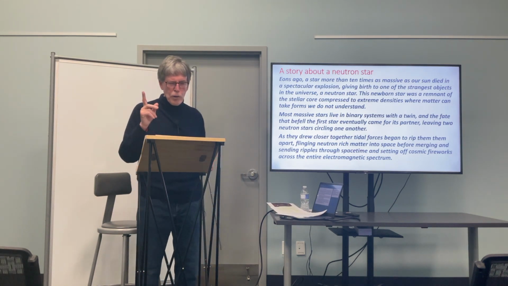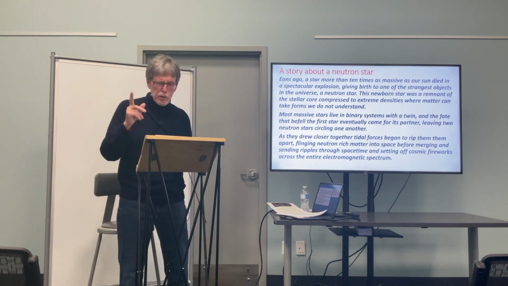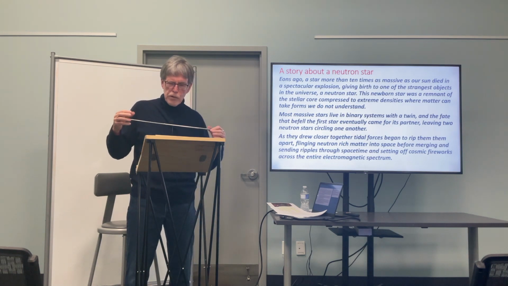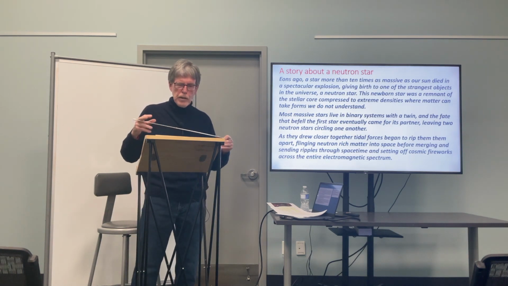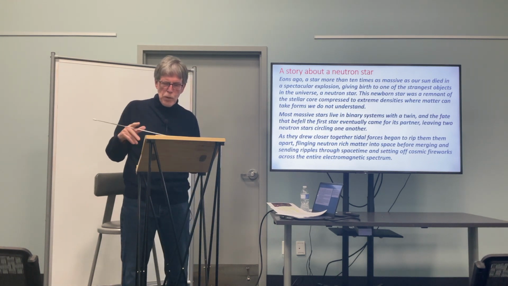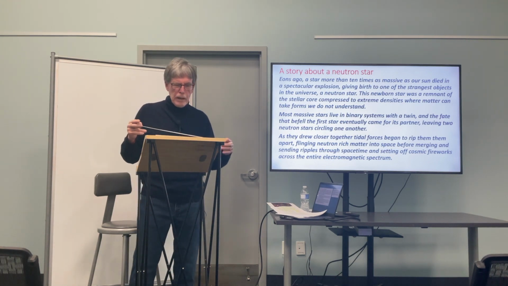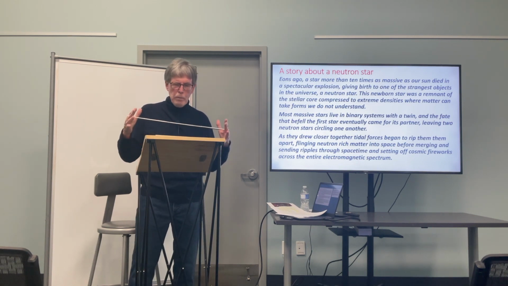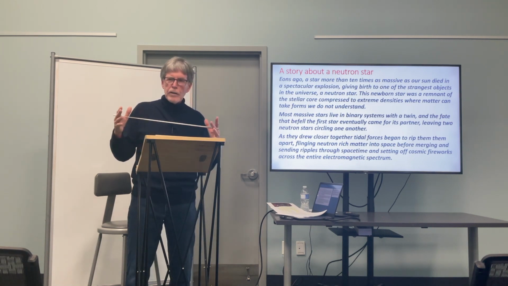So eons ago, a star more than 10 times as massive as our sun died in a spectacular explosion, giving birth to one of the strangest objects in the universe, a neutron star. We've talked about that. This newborn star was a remnant of the stellar core, compressed to extreme densities, where matter can take forms we do not understand.